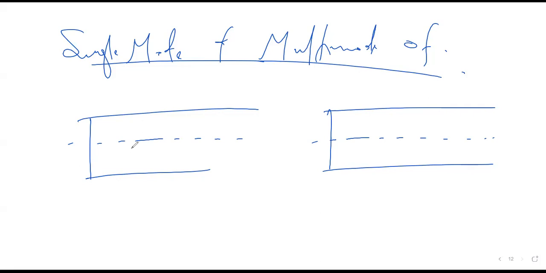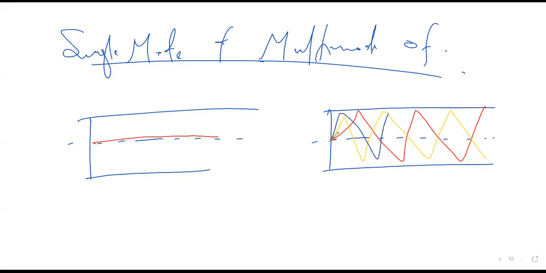A single mode, only a single ray of light. Multi-mode is different. That is the difference, you need to know this.